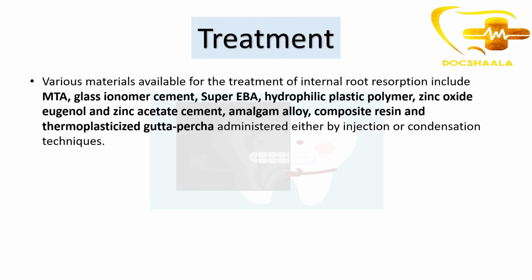Treatment involves removing the inflammation and filling it with any of the root canal materials like MTA, glass ionomer cement, super EBA, hydrophilic plastic polymer, zinc oxide eugenol, zinc acetate cement, amalgam alloy, composite resin, and thermoplasticized gutta-percha. We can use any of them either by injecting it or by condensation techniques.